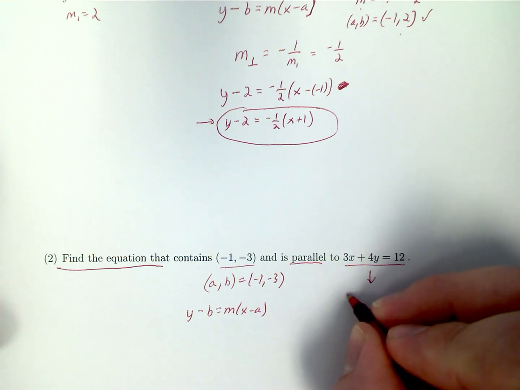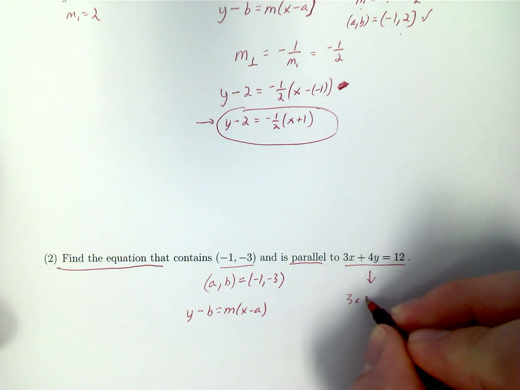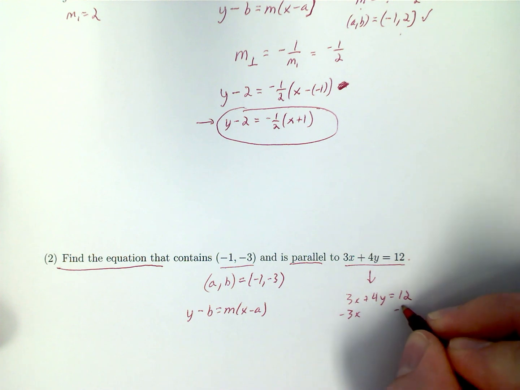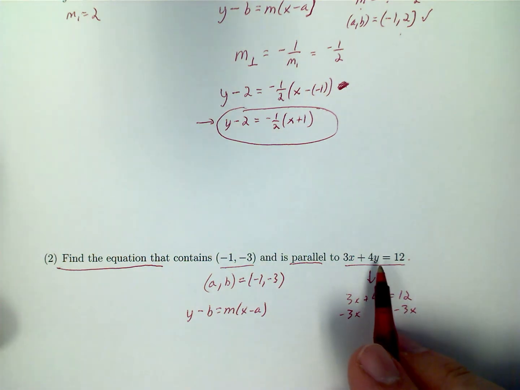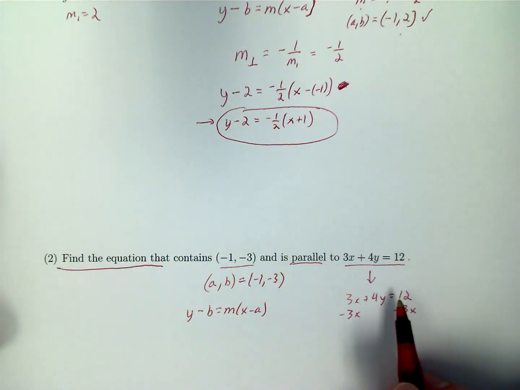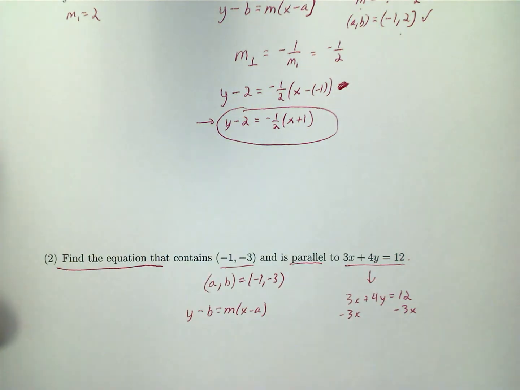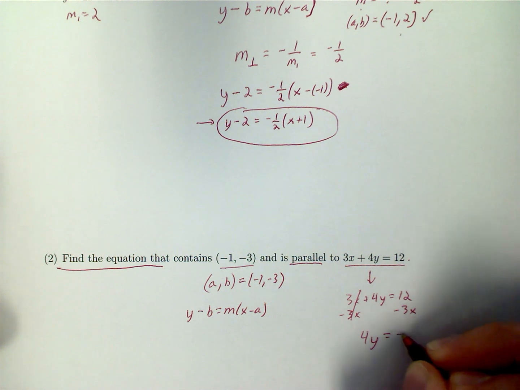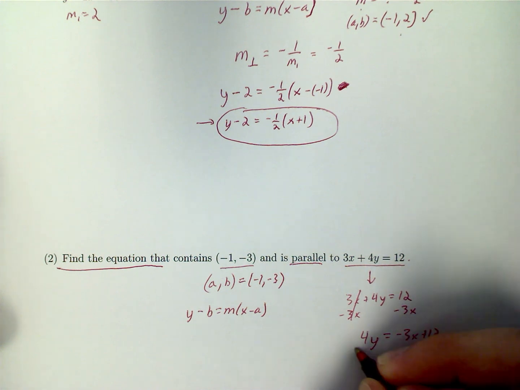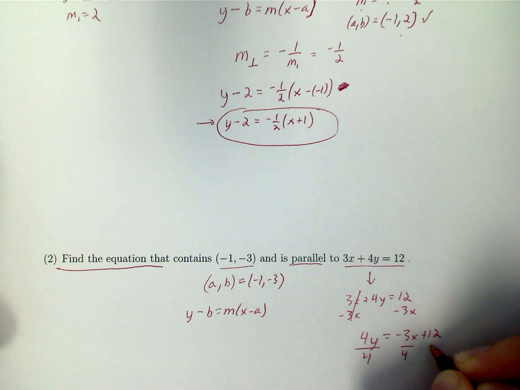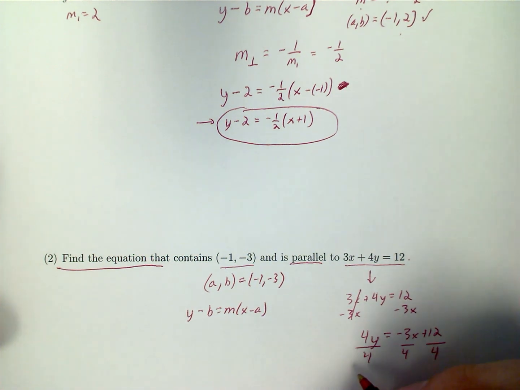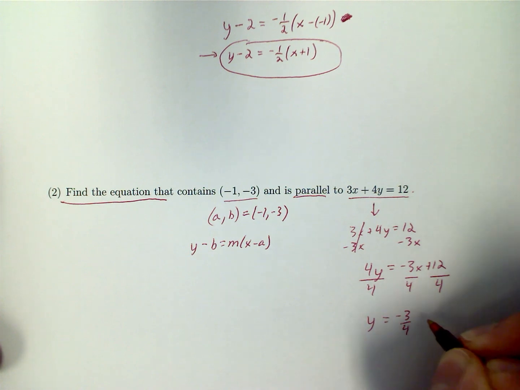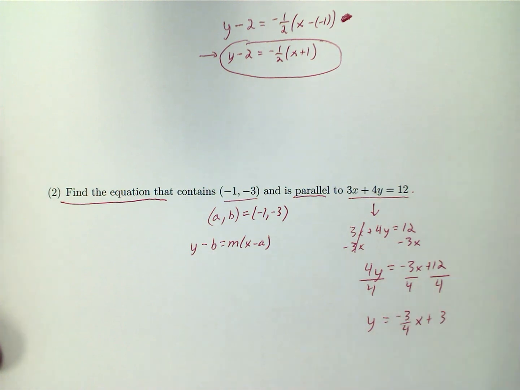We subtract 3x from both sides, since we're trying to get it in slope-intercept form, which makes it easy to find the slope. Then divide both sides by 4. And that gives us y equals negative 3/4 x plus 3.